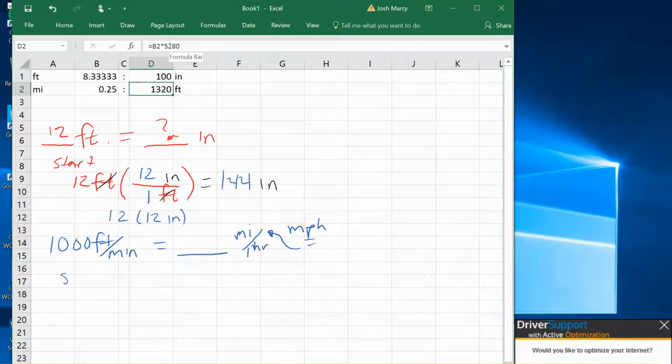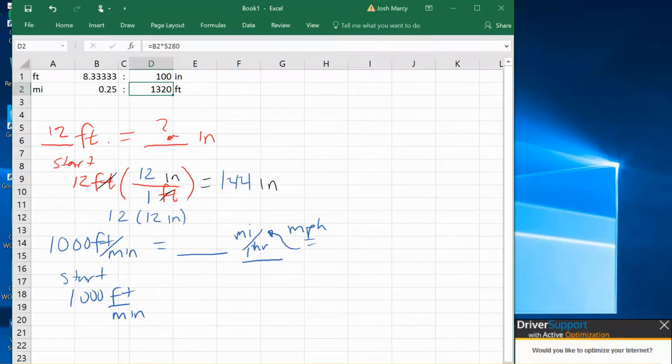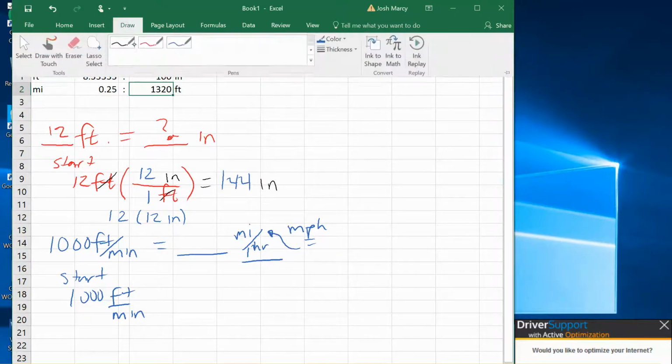So we go with our start, 1,000 feet per minute. And we think what we want to end with. We're trying to keep this end in mind of miles an hour. That was supposed to be a different color, but oh well. No biggie.